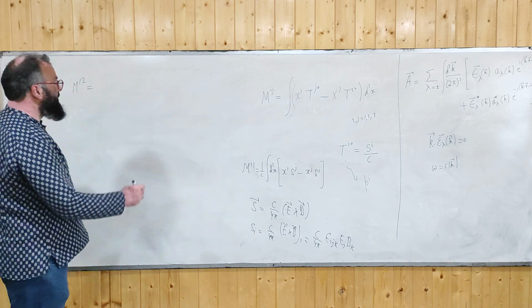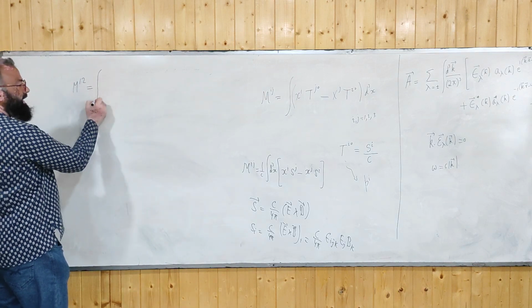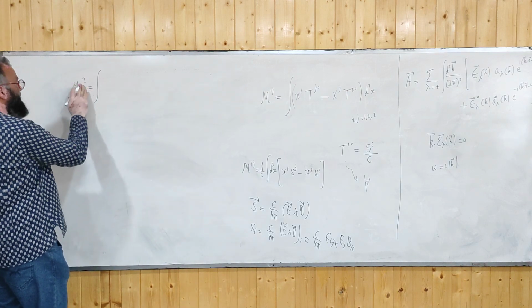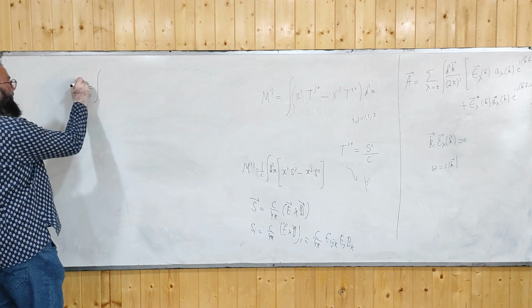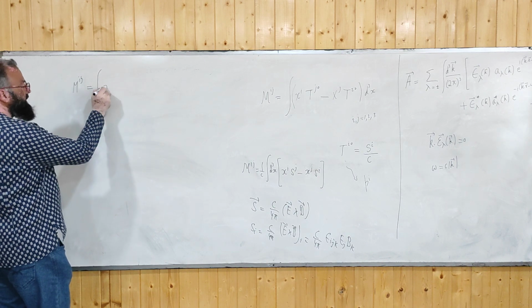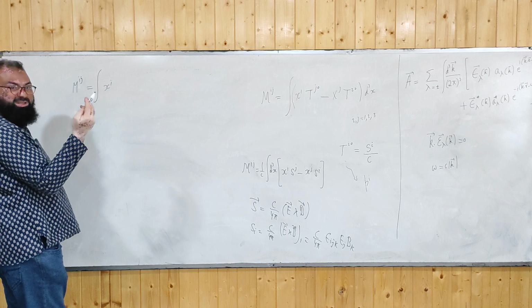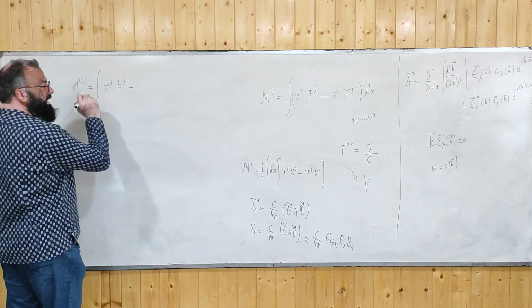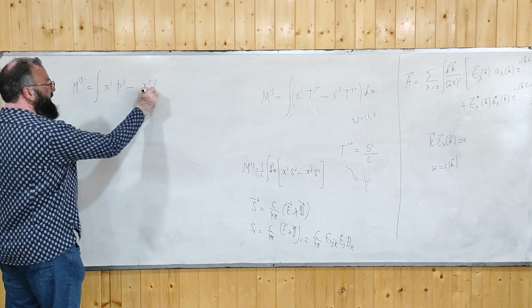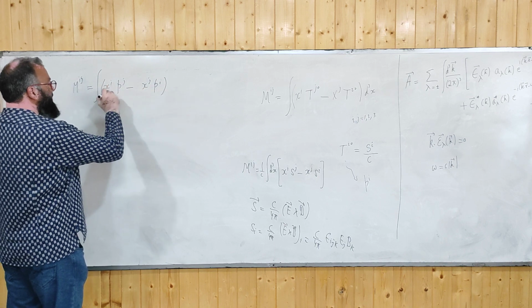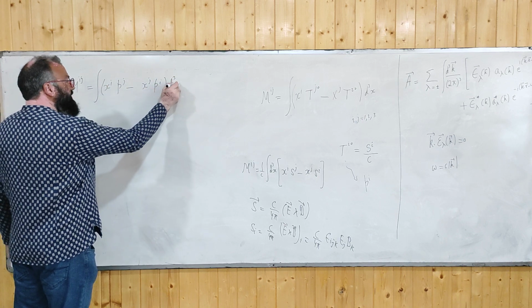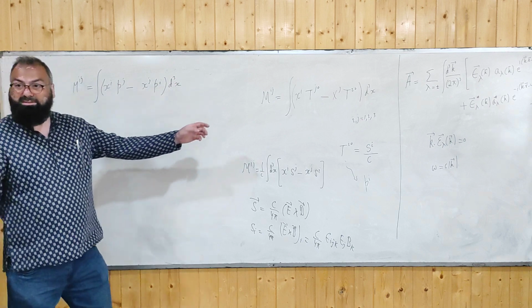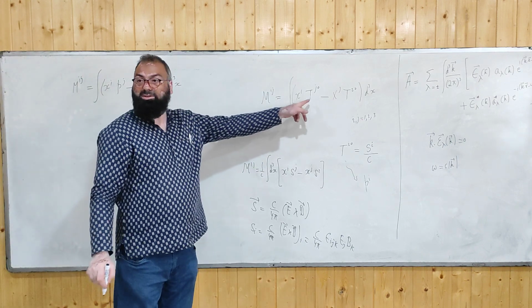Let me first write this M_ij again for you people. It is x_i, and T_j0 is the momentum, so it is p_j, minus x_j p_i, and you are integrating over dx. Is that true?